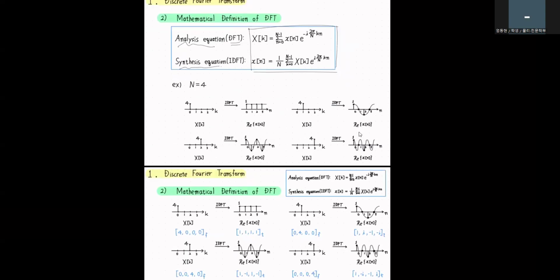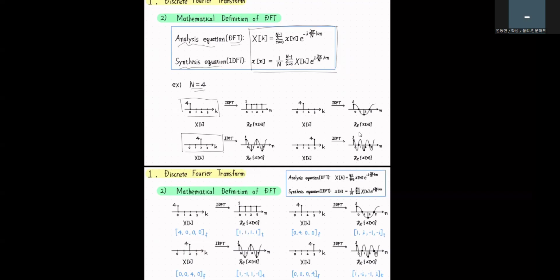indicates the frequency. So for example, if you have a signal with N equals 4, for this case, taking the inverse Fourier transform would just give us 4 signals that are constant. And let's say we have a period, we have the following signal, we get 4 points.